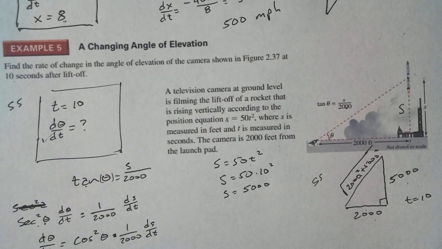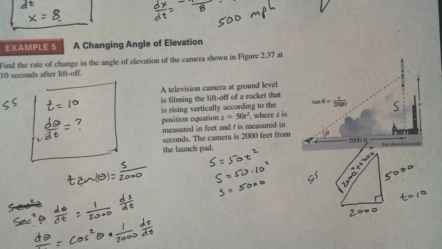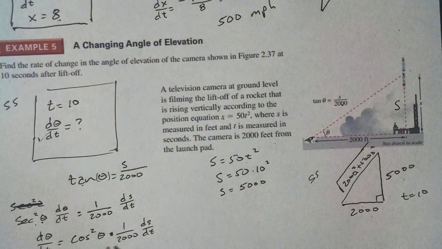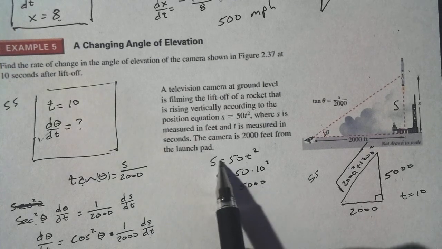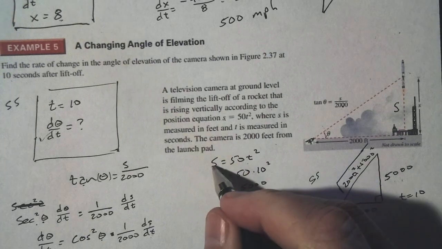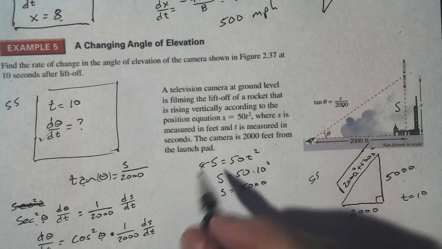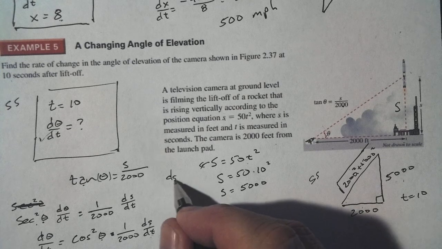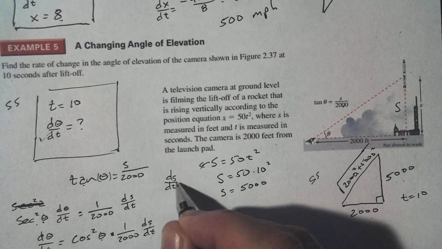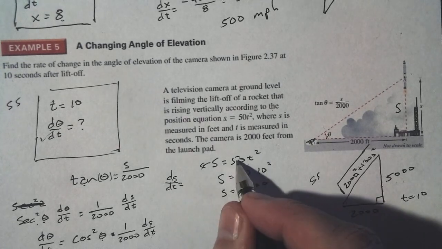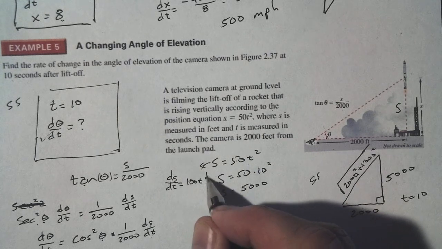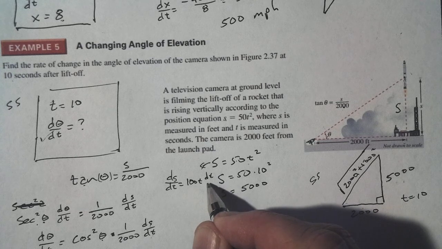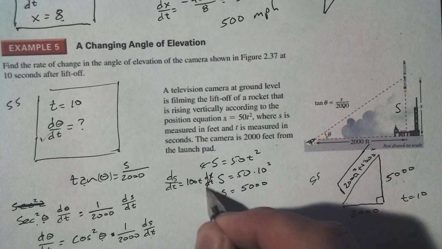And now, what do I know? I don't know theta yet, but I've got a ds dt right here. Maybe I should take the derivative of this thing as well. Watch this. ds dt equals 2 times 50, 100t, dt dt, but those cancel.